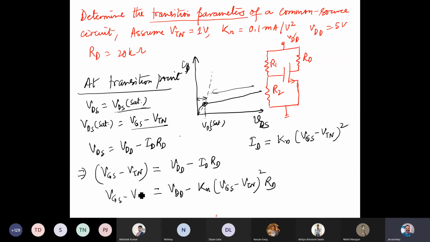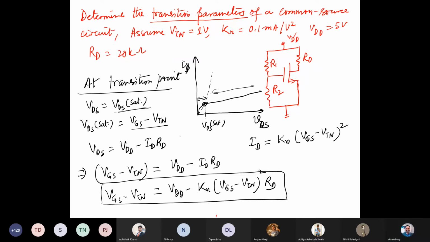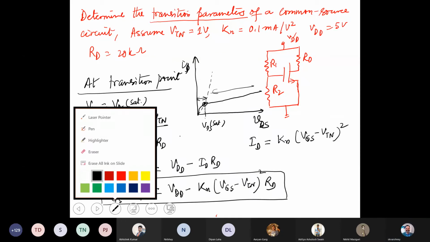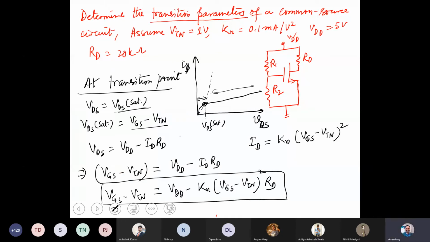So what do you see from this equation now? What is the known parameter here? What is the unknown parameter here?